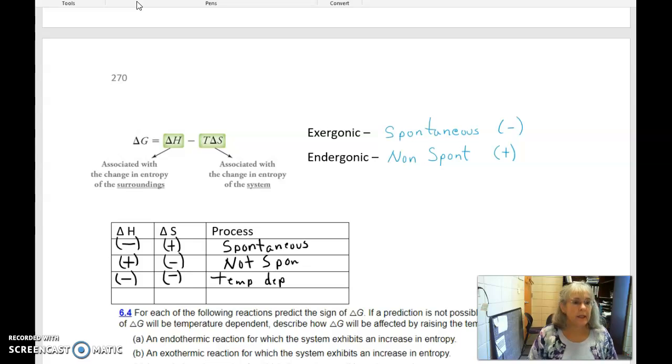If the delta H is positive and the delta S is positive as well, then we will have another temperature-dependent reaction. Now, this term will be positive. This term, the negative and a positive here, will give us a negative term, and so it just depends which term is larger.